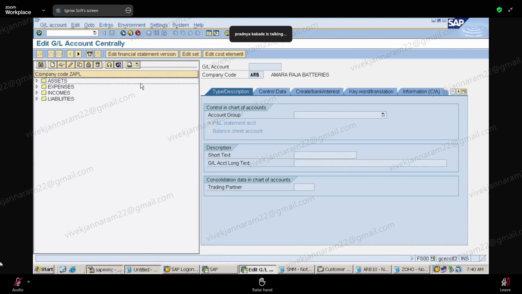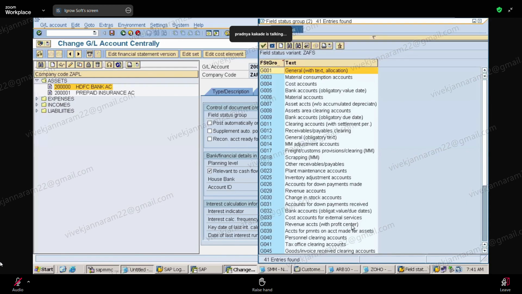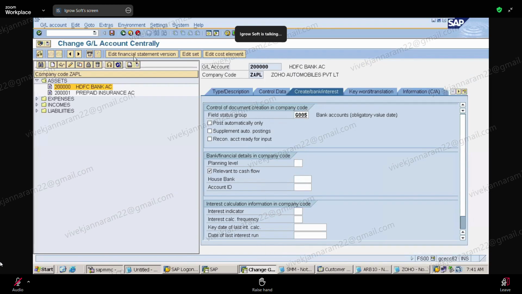When you are creating the account here, you are not able to find the field status. Yes, it is showing blank. Blank, correct. So see, imagine you are copying incorrectly. When you are copying, you go to OBC4.